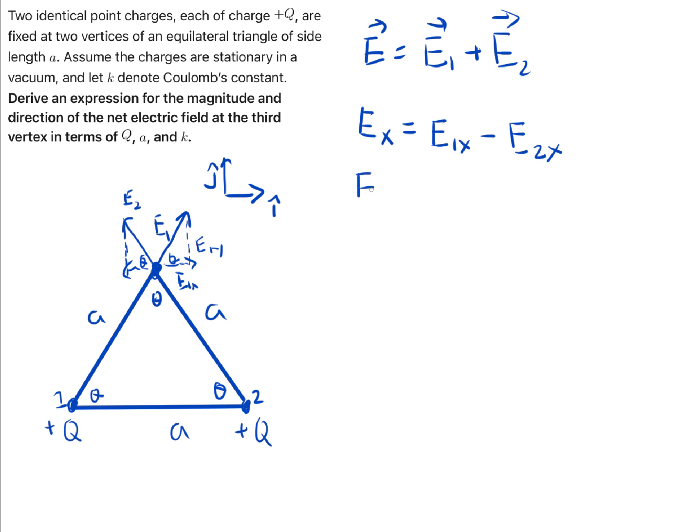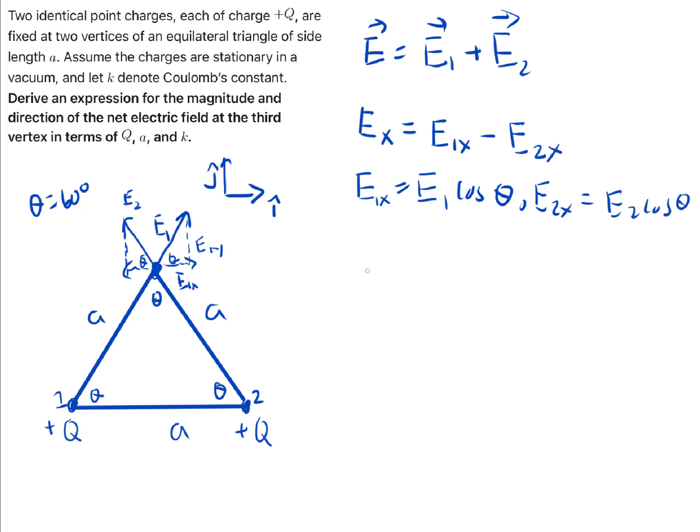So E1x will then be E1 times the cosine of theta. Know that theta is equal to 60 degrees because it's an equilateral triangle. And E2x is E2 cosine of theta.